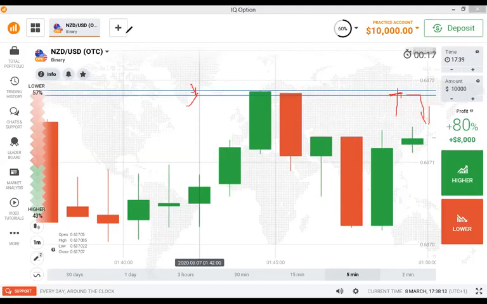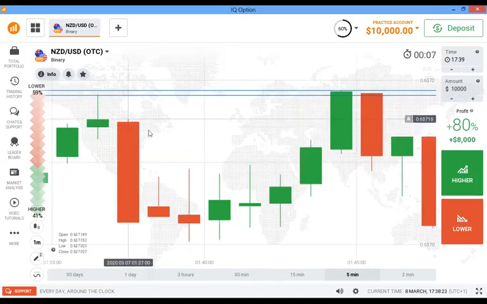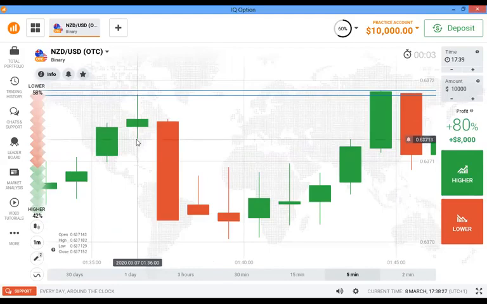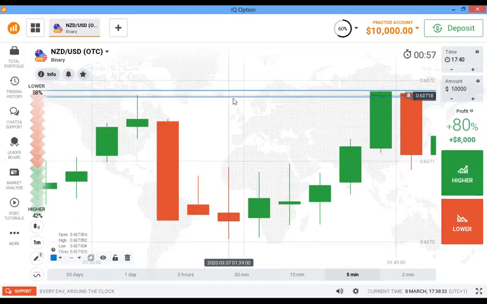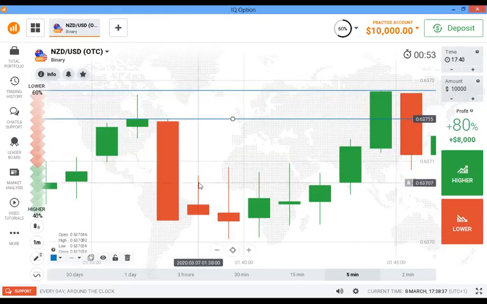Then the video I made is not all about buyers and sellers area. It's about resistance level and how to draw support and resistance area. Like I told you, drawing support and resistance area is not only by using one line. You will notice that I'm using two lines.